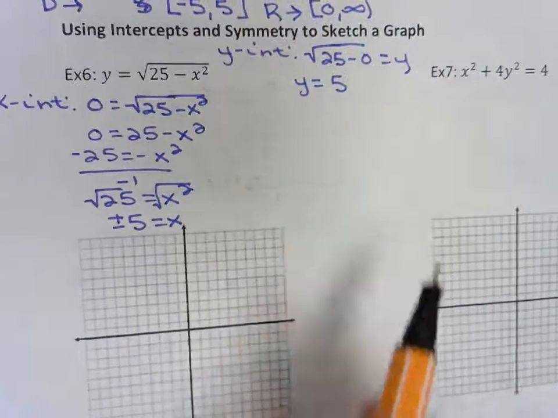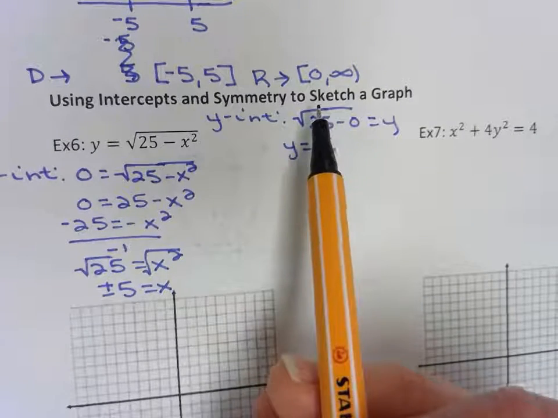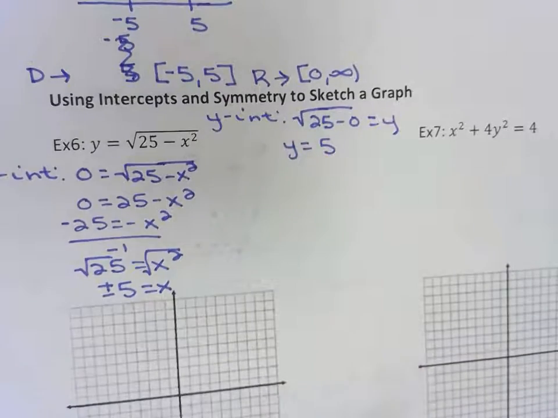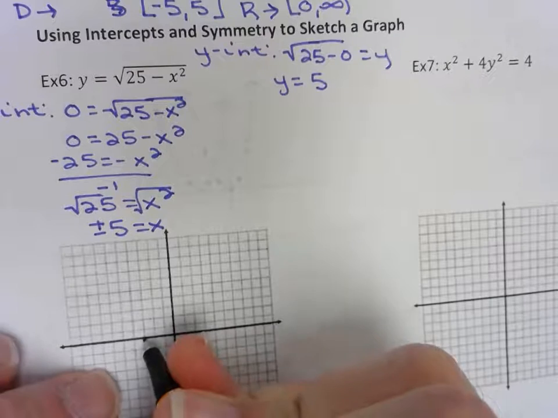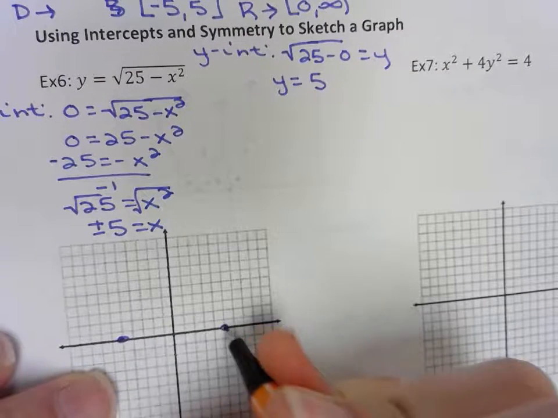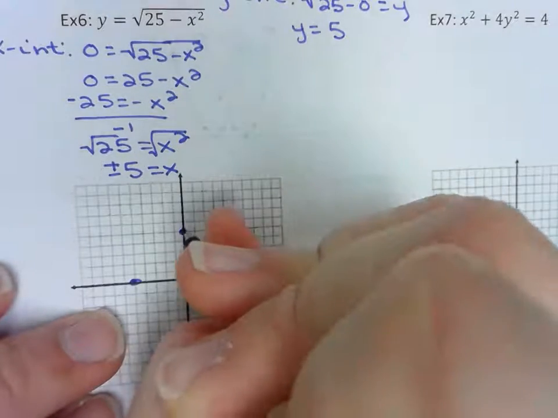And if I look at my range, I know y has to be positive, so I'm not going to include negative 5. That's another nice reason to find domain and range. So my x-intercepts are negative 5 and positive 5. My y-intercept is 5.